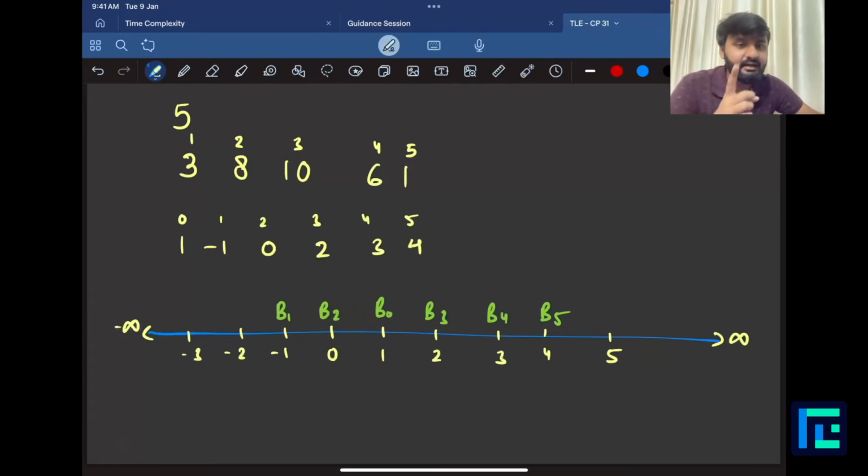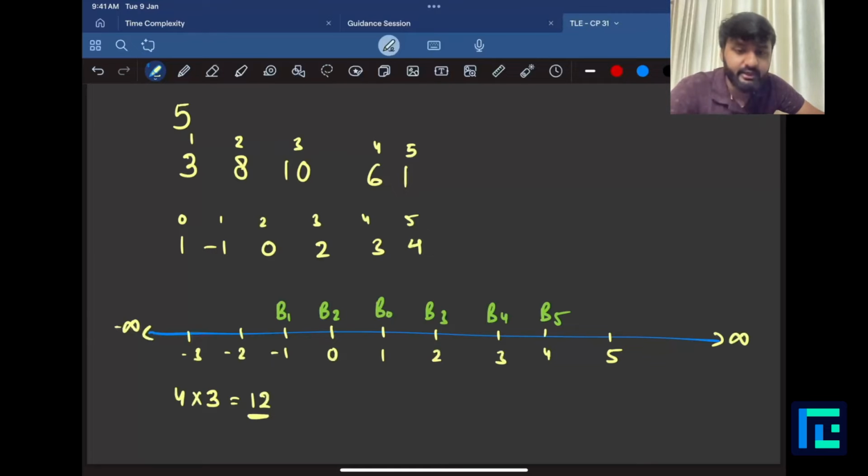So one trip takes 2 plus 2, 4 seconds. You do this 3 times, so 4 into 3 turns out to be 12. From headquarters to building 1, you have taken a total of 12 units of time.